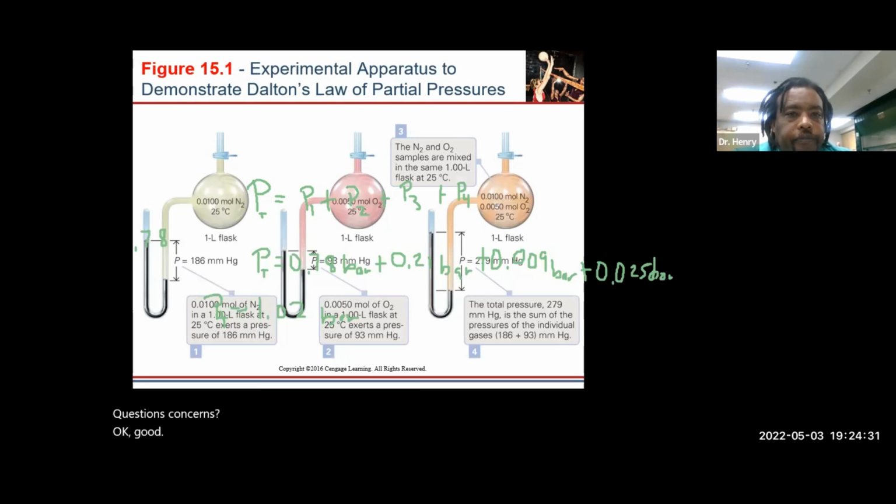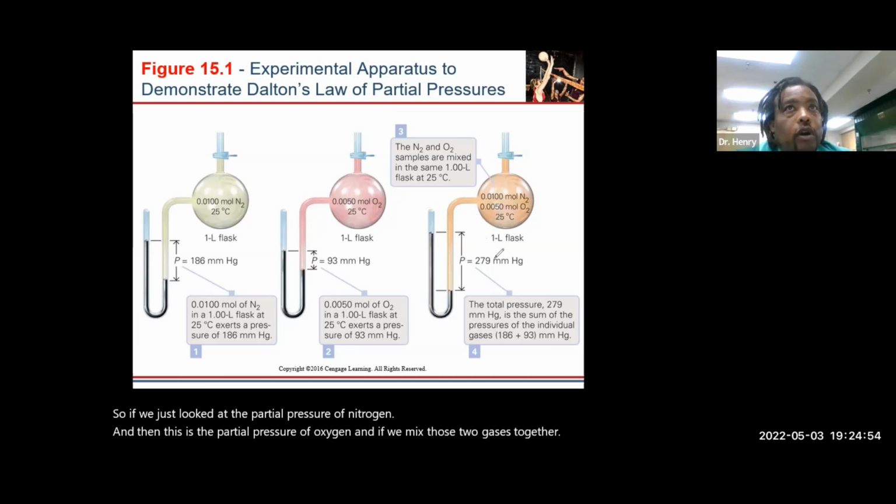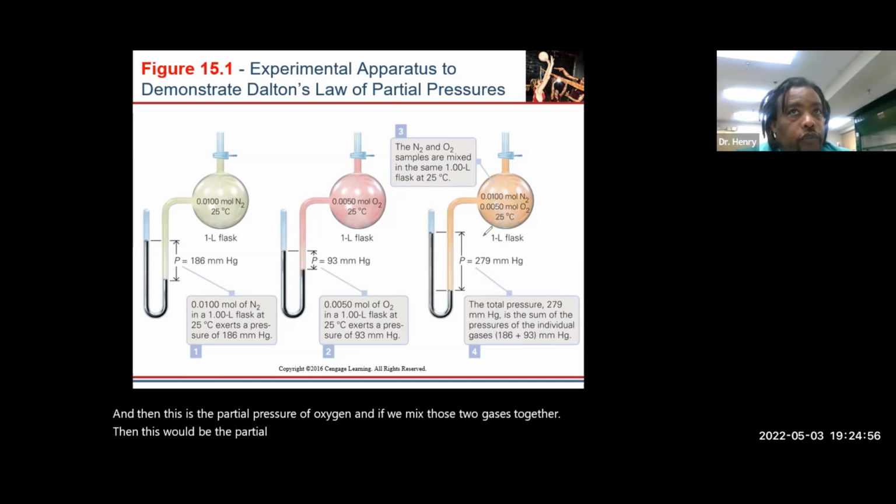So this is just showing us an example. If we just looked at the partial pressure of nitrogen, and then this is the partial pressure of oxygen, and if we mix those two gases together, then this would be the partial pressure of both of them added together, which would just be the sum, right?